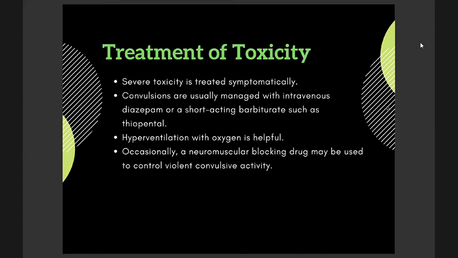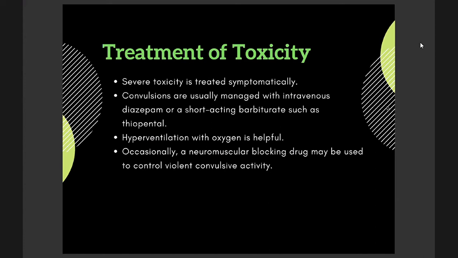A hemodynamically compromised patient is already hypotensive because of the effect of your local anesthetic. So when you give your barbiturates, thiopental, or propofol, you also produce hypotension. So the best drug to use for convulsion is your diazepam.